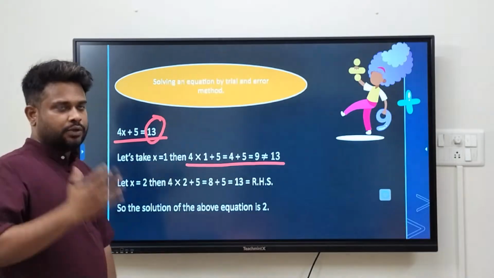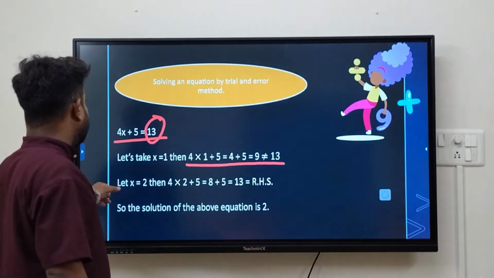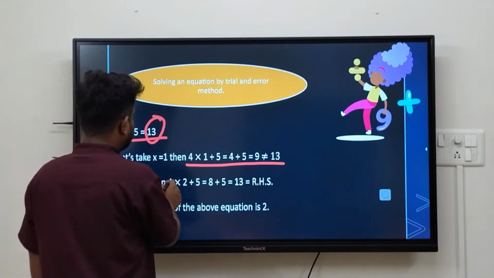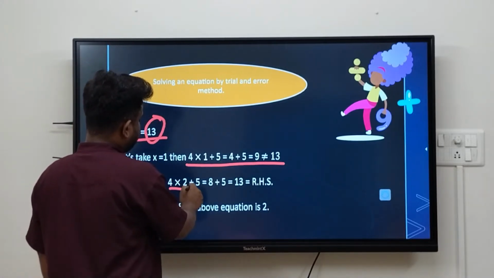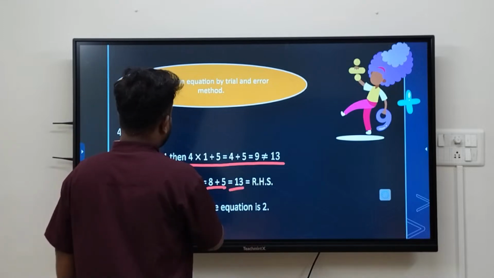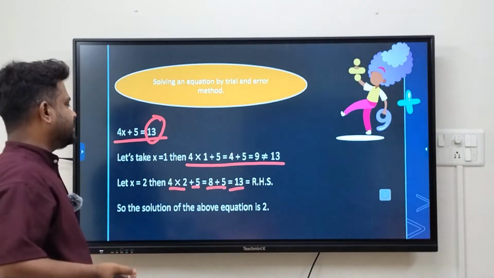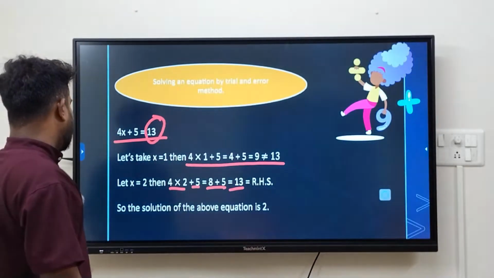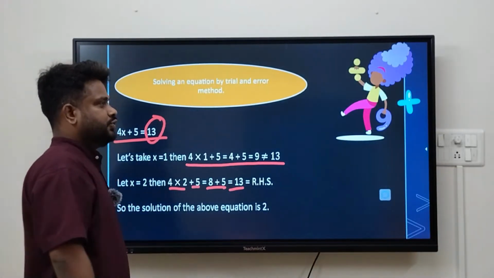So the first attempt is not right. Then let's take x equals 2. Then it will be 8 plus 5, it will be 13, and it will be the same as the right hand side. So the answer will be x equals 2. So the solution of the above question is 2.